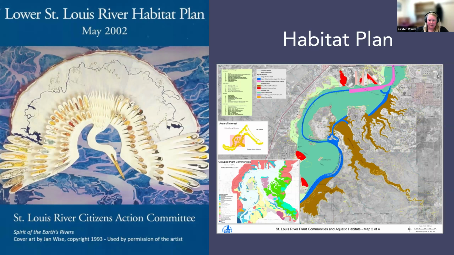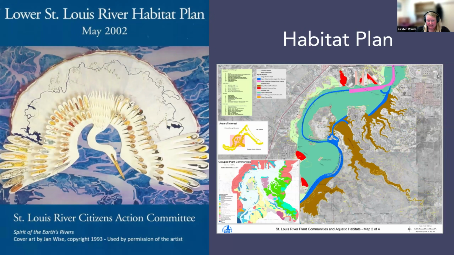You can see on the right hand of this slide that there were some maps from that 2002 plan that were classifying the habitat types and aquatic communities in the estuary at that time, but there wasn't a plan for updating those maps yet for this new iteration of the habitat plan.